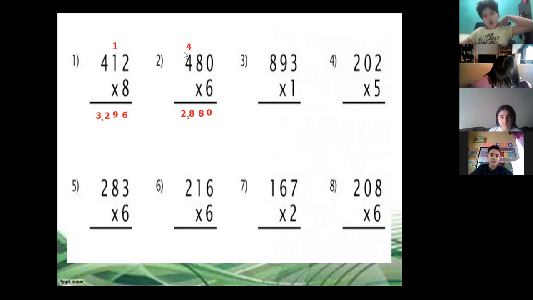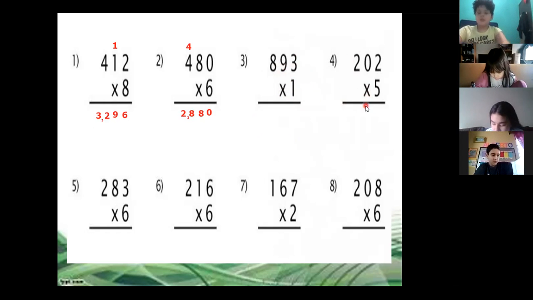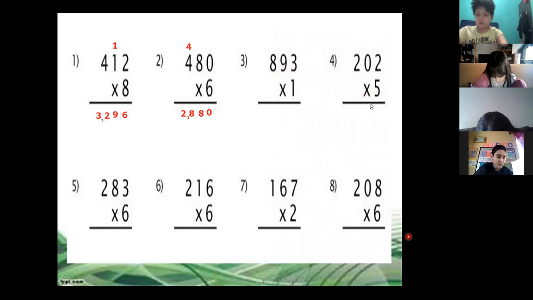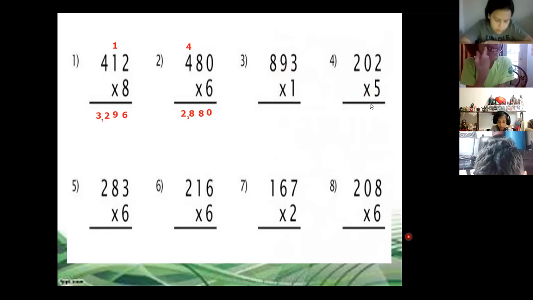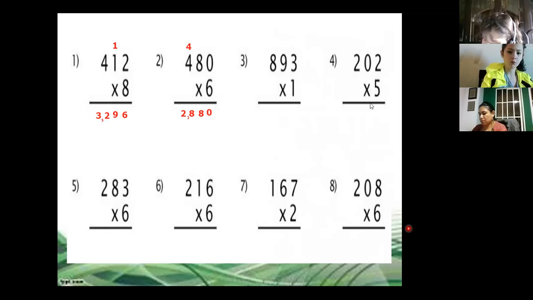Now, you are going to copy this and solve by yourself. 893 times 1. Copy number 3 and number 4. Solve number 3 and number 4, please, in your notebook. You finished number 3?